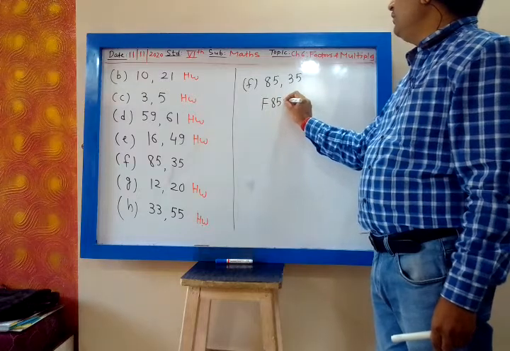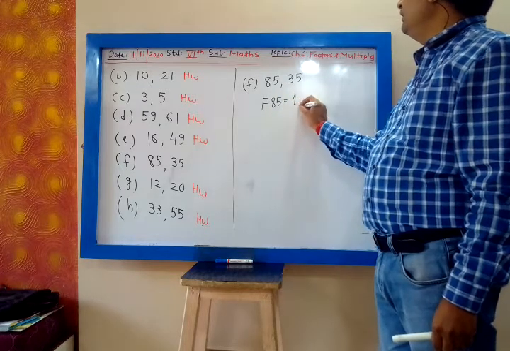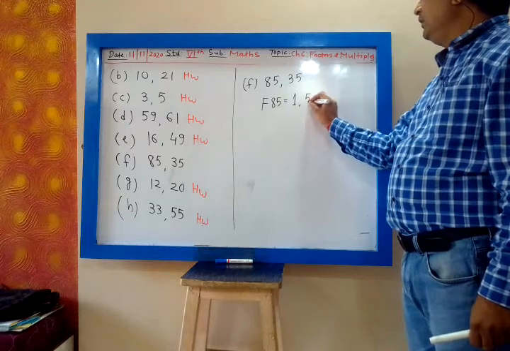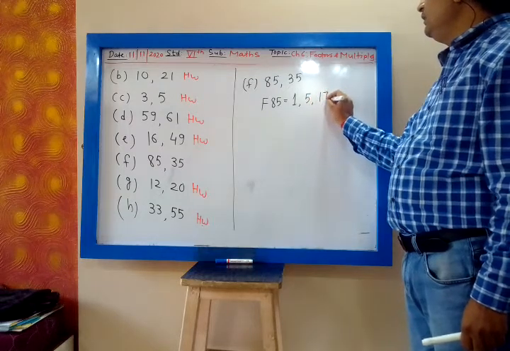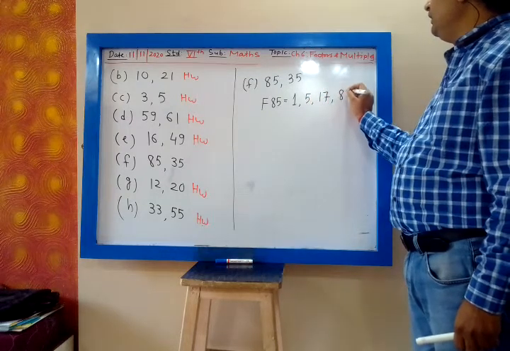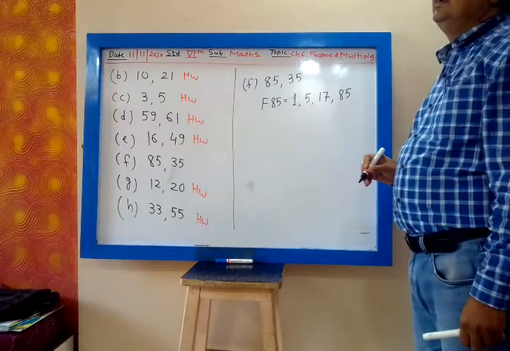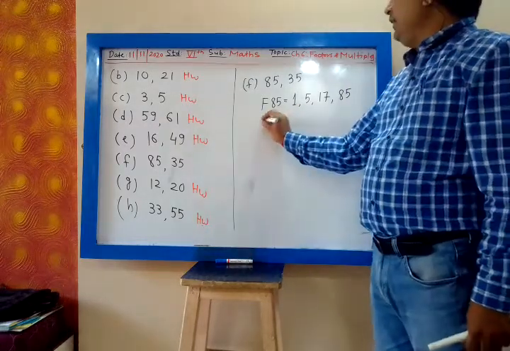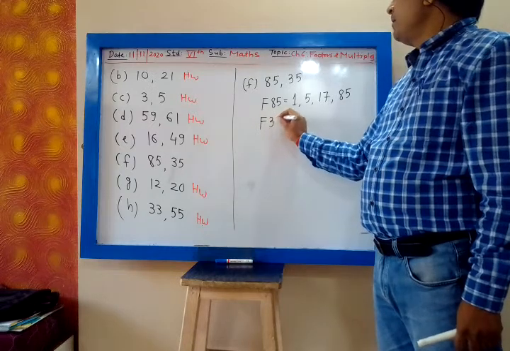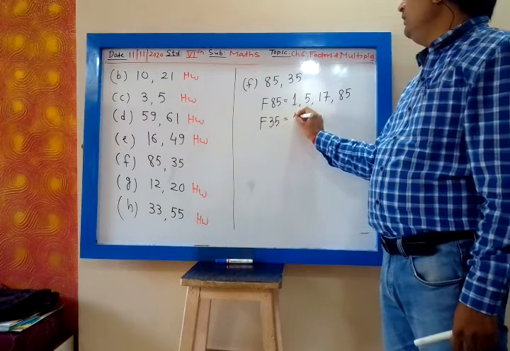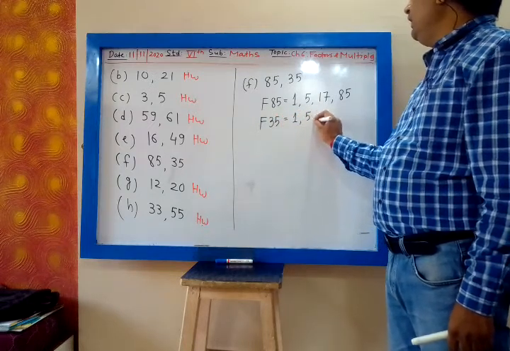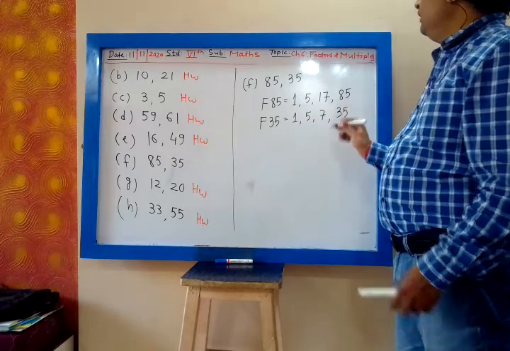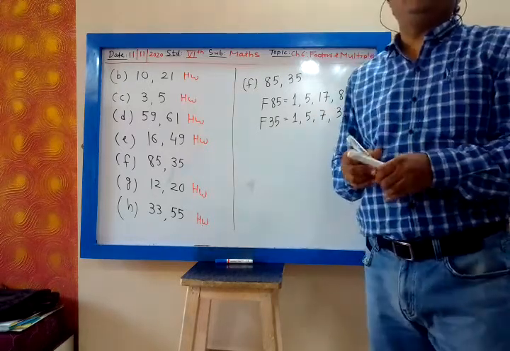Factors of 85 are 1, then 5, then 17 and 85. I will find the factors of 35. Factors of 35 are 1, 5, 7 and 35.